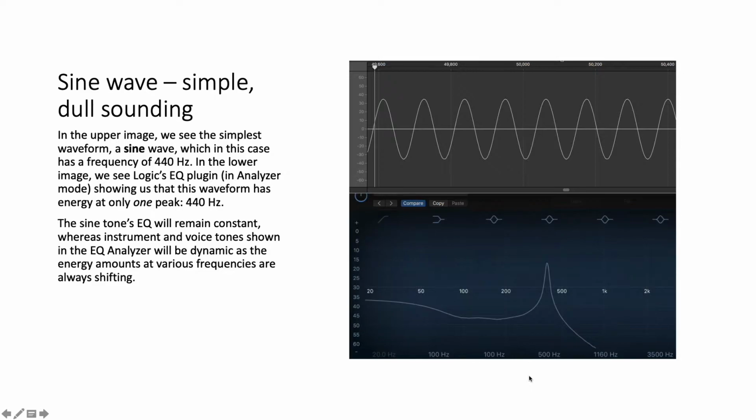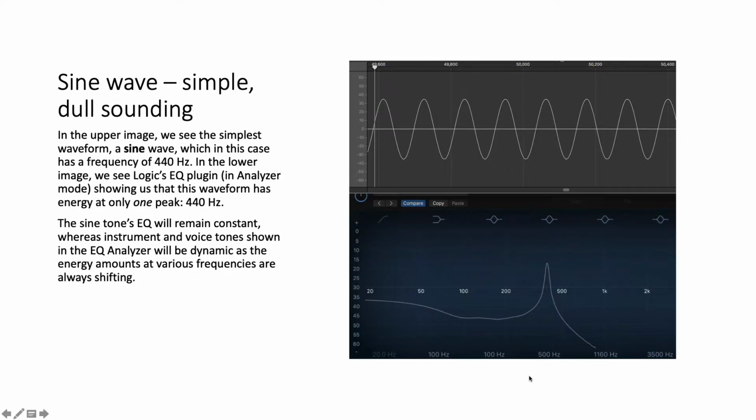With Logic, we can also take another view of the sound, which is using Logic's EQ plugin in the analyzer mode. And this shows us that this particular sine wave has energy, has that peak, only at one frequency, which is 440 hertz.